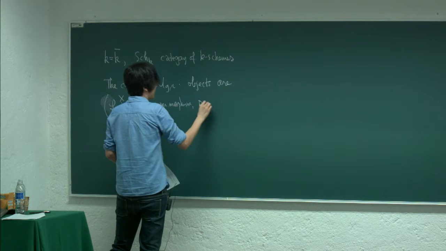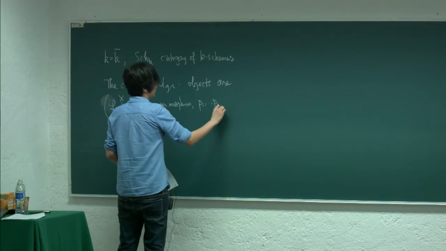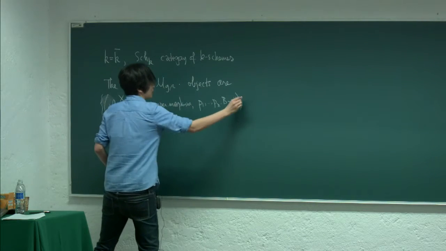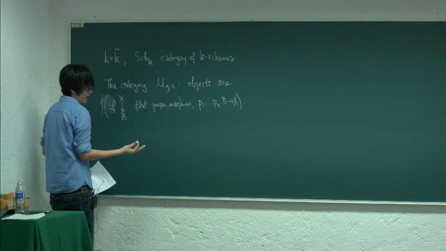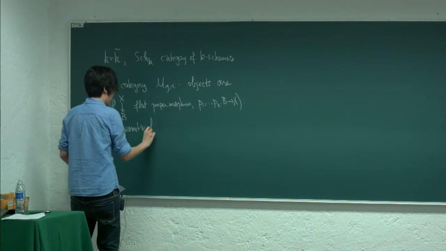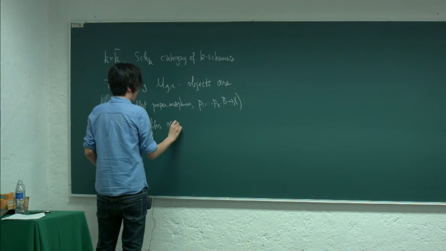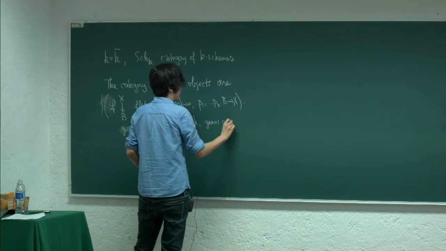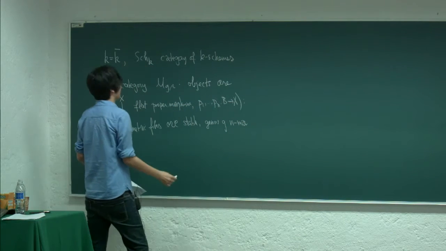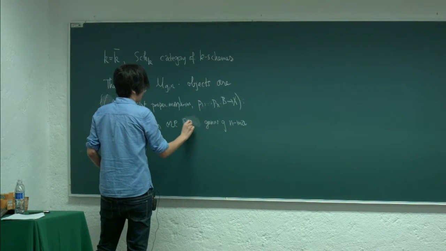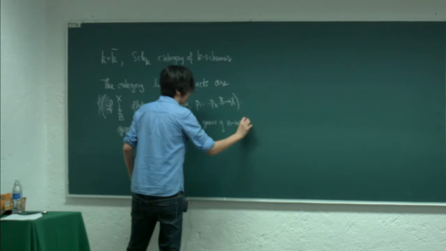And then, of course, we have sections, P1 through Pn, from B up to X, such that the geometric fibers are smooth genus G and marked curves.